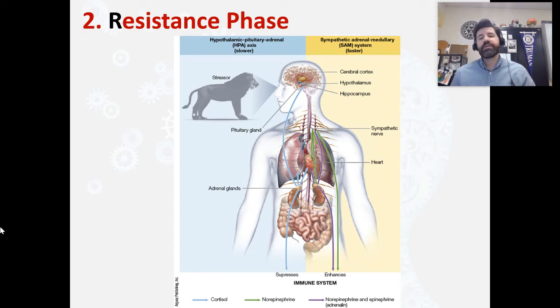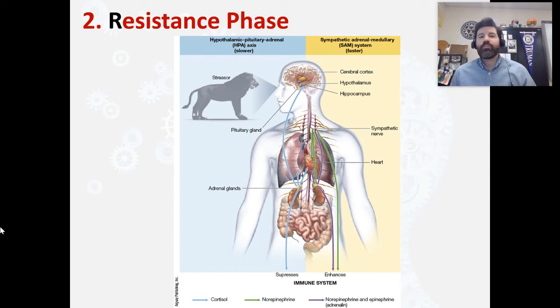And so the SAM system, think the sympathetic nervous system. It's going to be the release of norepinephrine into your nervous system. You may recall norepinephrine is a neurotransmitter that prepares our body for action. It puts you into fight or flight, ready to go, ready to tackle this quick acute stressor.